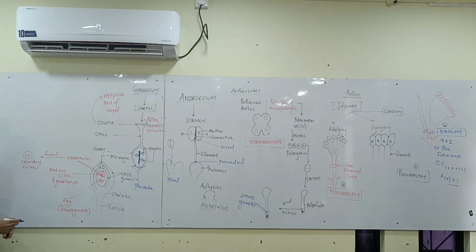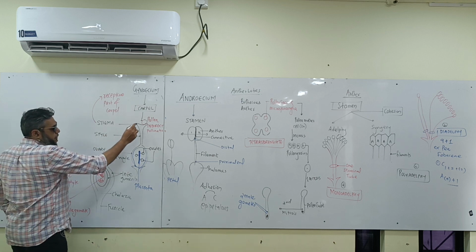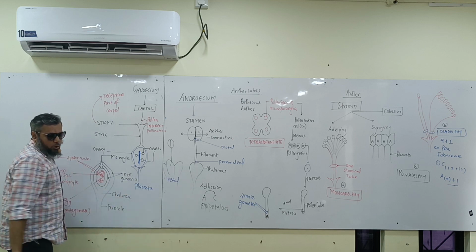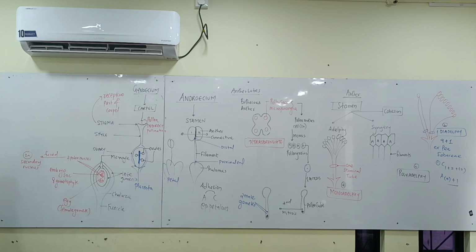Yes. So now, when the pollen grain falls on the stigma, it will produce a tube. What is the tube called? And in the pollen tube, how many male gametes are there? Two male gametes are there. One of the male gametes will fuse with the egg and form the zygote that will form the baby plant.